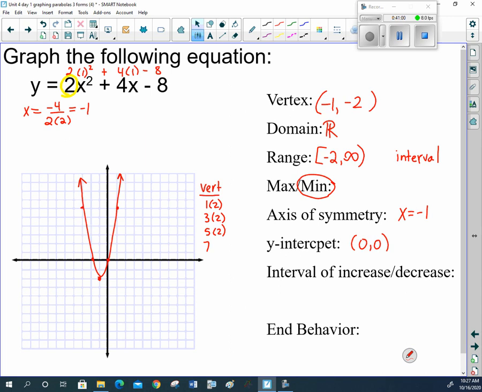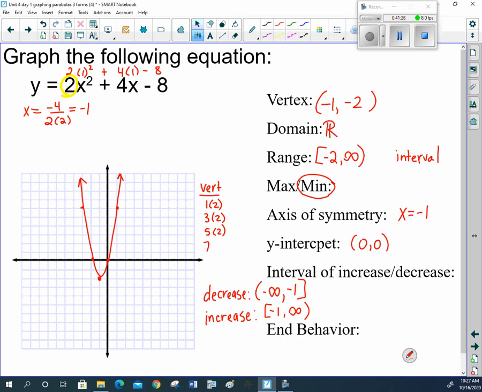It looks like it's decreasing from -infinity to our axis of symmetry. I should have written that word first. And then I'm increasing from -1 to positive infinity.